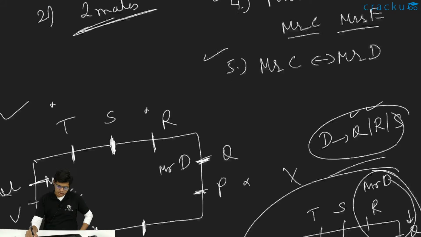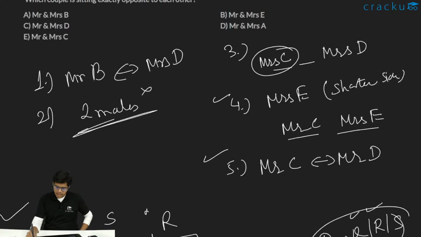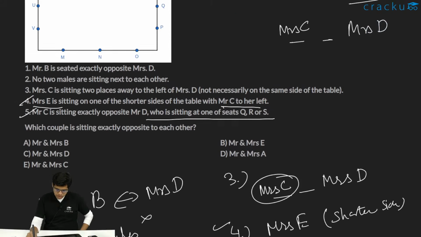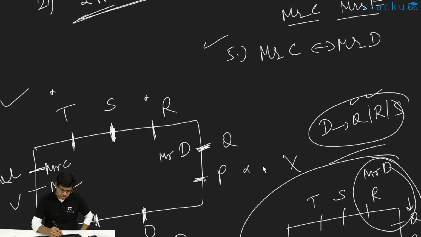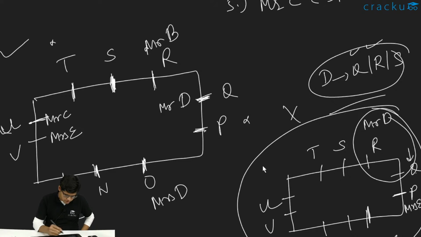So S can't be the answer, which means it has to be either N or O. Similarly with N, if here is Miss D, so 2 places to the left is Miss E. Again, not possible, which means Miss D has to be at place number O, which means Miss C has to be at place number M, right? Which means if this Miss C, then this has to be Mr. B, right guys?